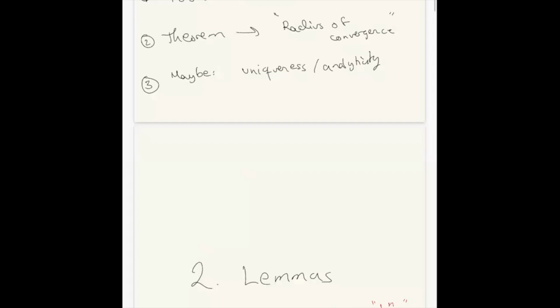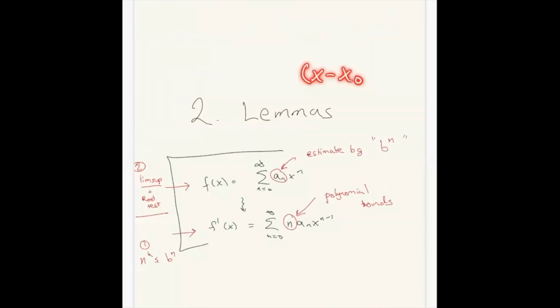We're talking about convergence of power series, so a_n x^n, or you could have (x - x0)^n, but usually we do the change of variables y = x - x0. And how we estimate these, you can think of the example that we did on Monday, is that we want to estimate the coefficient by a power, b^n, because then this whole thing becomes (bx)^n, and you can understand it by a geometric series.